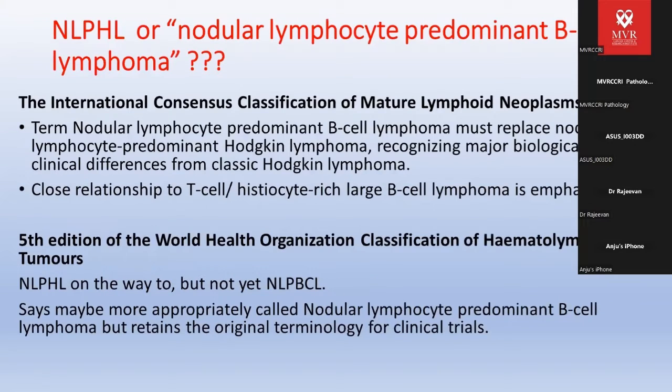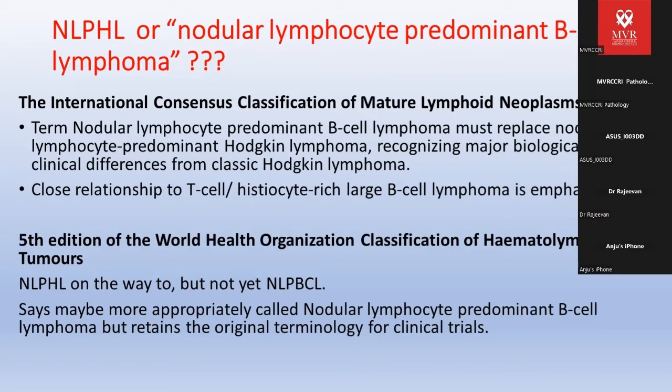Now, as I told before, NLPHL, even though it is now under the umbrella of Hodgkin lymphoma, in future is most probably going to be put under B-cell lymphoma. So the big million-dollar question is whether we should call it a nodular lymphocyte predominant B-cell lymphoma. When the recent update on lymphomas came out this time, it was quite different. We had two groups coming up.